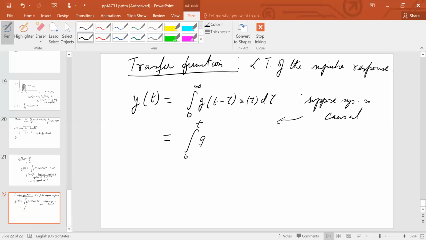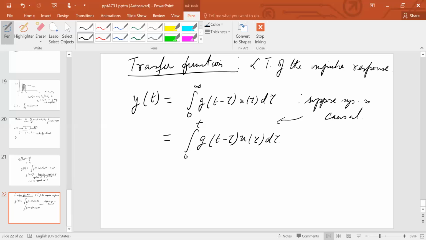Why? It's very important to ask these questions, why? Because I am looking at the output at the time instant t. Obviously, if it is causal, it cannot depend on any input that is applied beyond the time instant t. So it should not care about whatever values this u of t takes. If I had truncated this u of t, it would not matter.